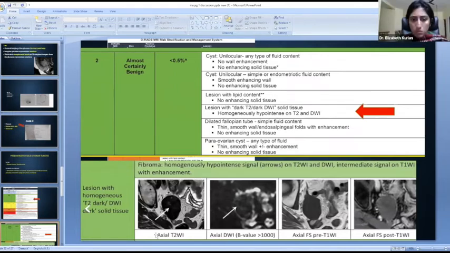This will be the pattern seen on MRI in case of fibroma and fibrothecoma. That is, it will be T2 dark, diffusion dark, isointense to mildly hypointense on T1, and mild enhancement on post-contrast images. So all this fits into a case.